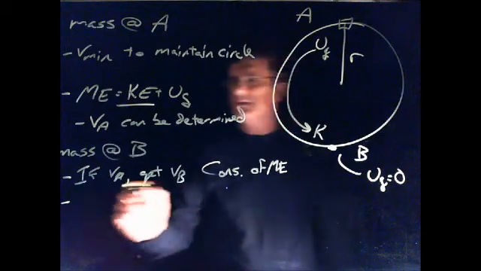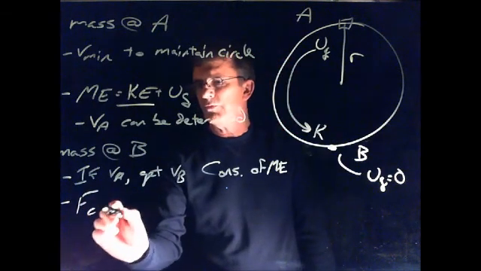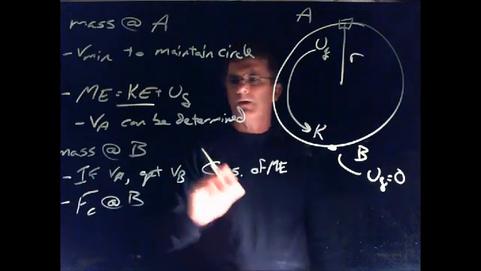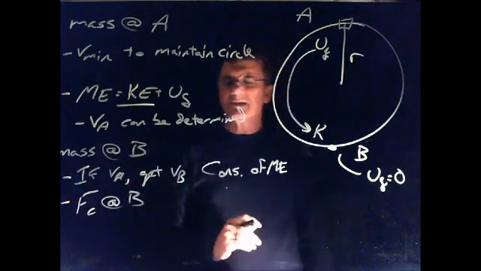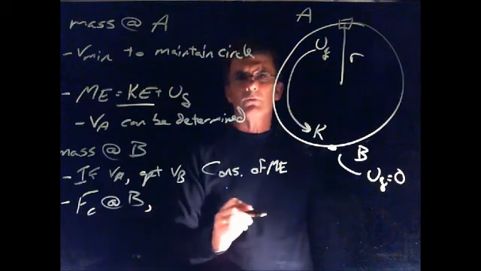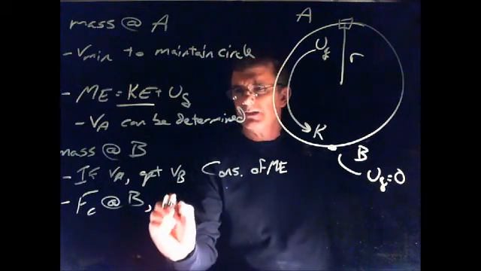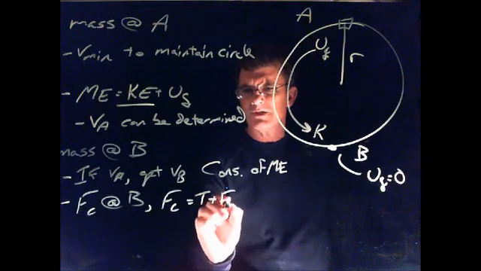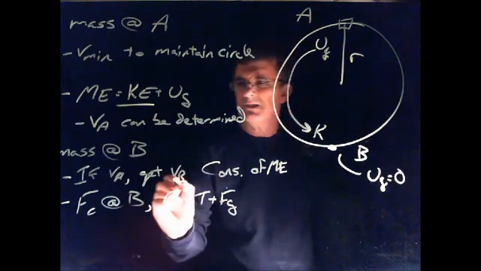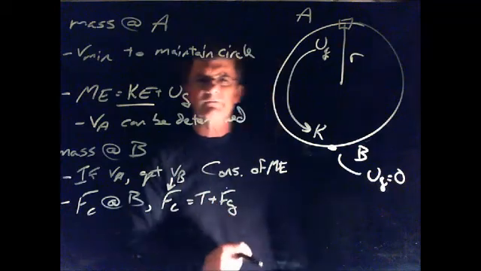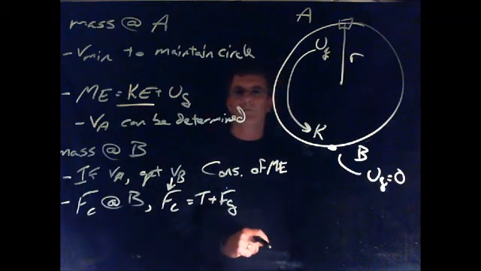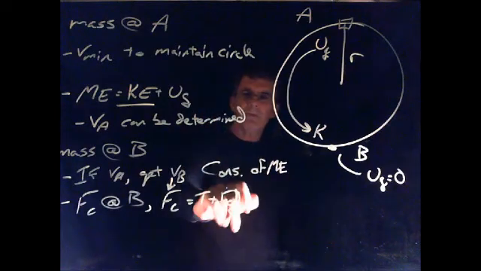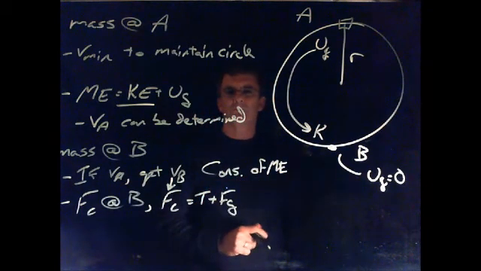If the problem gets into centripetal force at point B, once we get the velocity at point B, we recognize that the centripetal force is tension plus Fg. This velocity at point B is going to feed into our centripetal force at point B. We know the mass, so that gives us our force due to gravity.